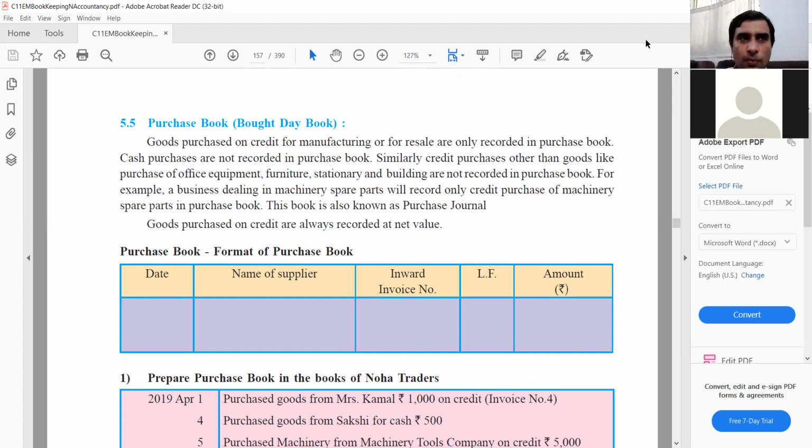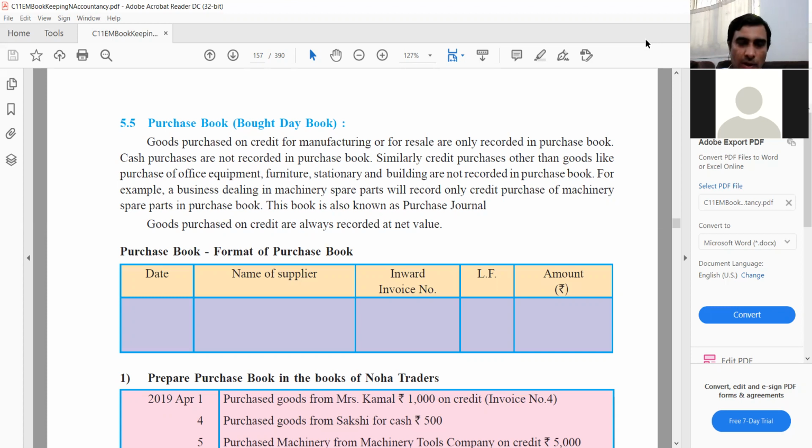So, if goods are purchased either for cash or sold in cash, then those will be recorded in the cash book. Credit means that the opposite entry of this transaction is always going to be a personal account, because you are either buying or selling to a person. The entry becomes very simple.